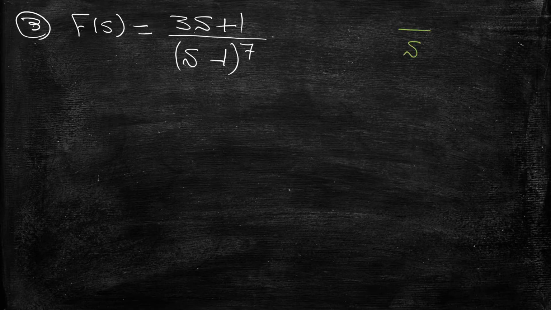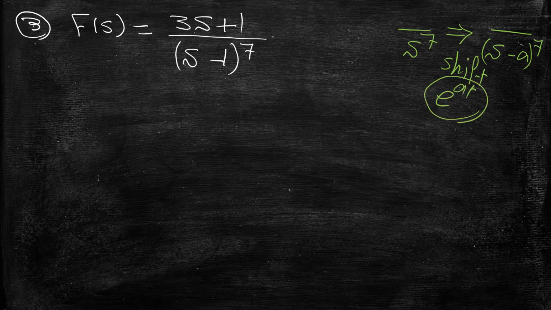If we have s to the power 7, we can get this power related to t to the power n, which is from the table exactly. If we see this as (s minus a) to the power 7, it means we have this kind of shifting property, so we have e to the power a t multiplied by the function.